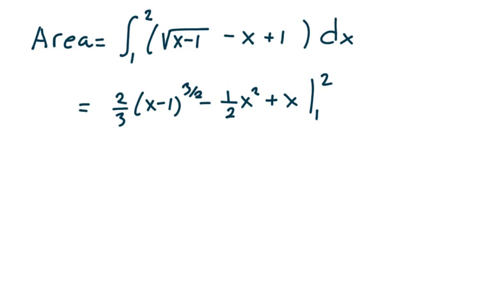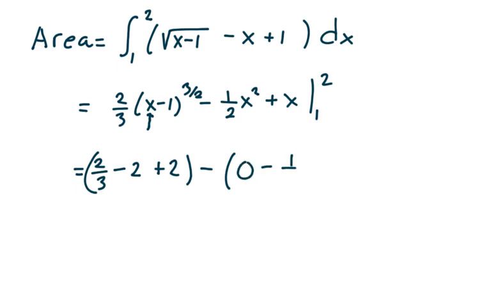And I claim you're going to get the same thing, okay? So this is 2/3. If I plug in 2 for x, I'm going to get 1 minus 2 plus 2, okay? Because 2 squared is 4, half of 4 is 2. And I'm going to go minus, plug in 1 for x, I get 0, minus 1/2 plus 1.